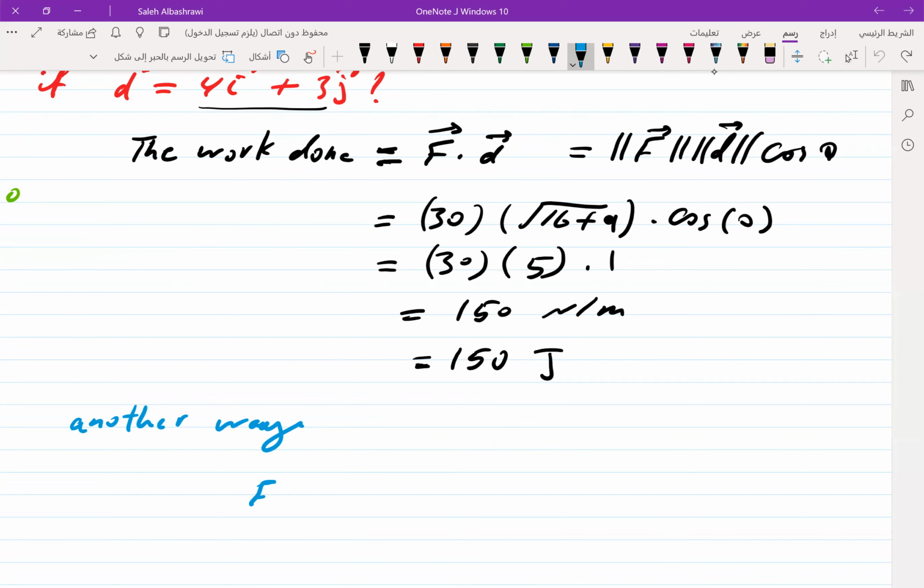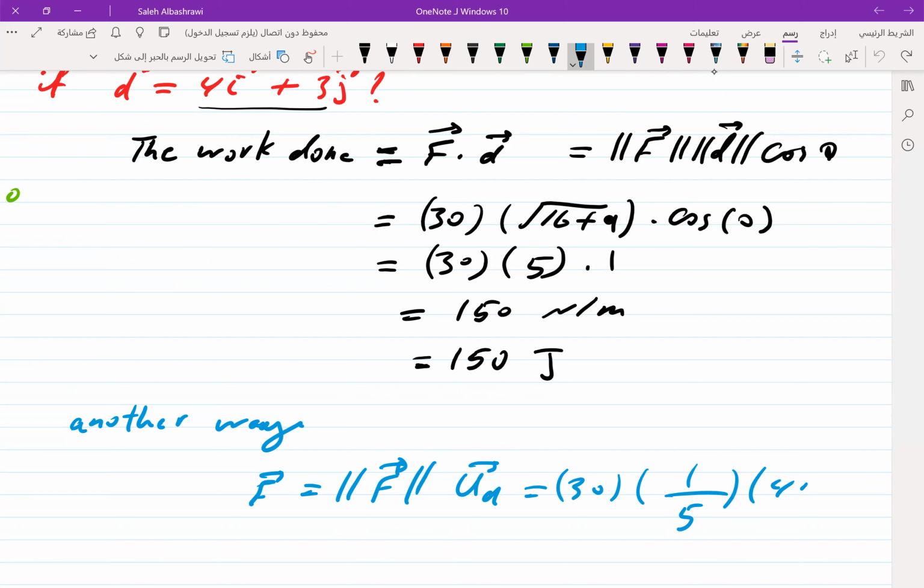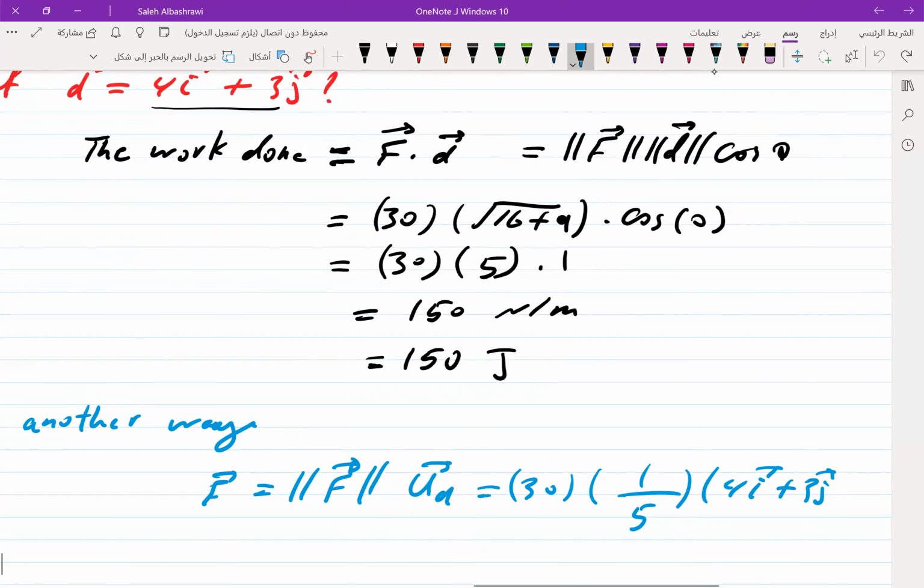F is equal to the magnitude of F multiplied by the unit vector of D, because it is in the same direction. That will be 30 multiplied by 1 over the magnitude of D, multiplied by the vector D, which is 4i plus 3j. This is the vector F.